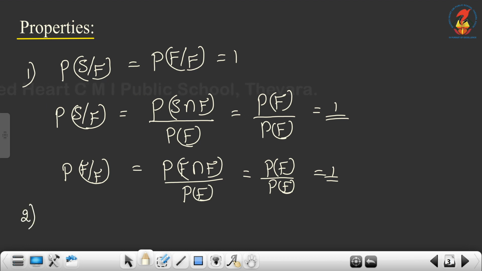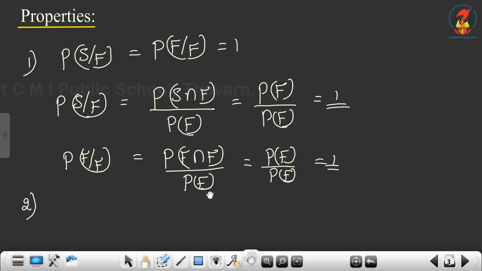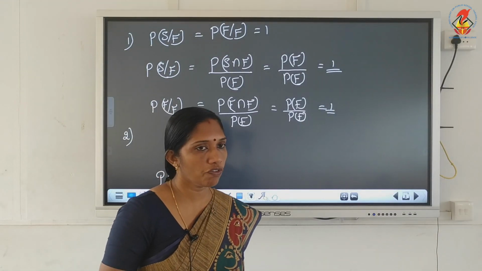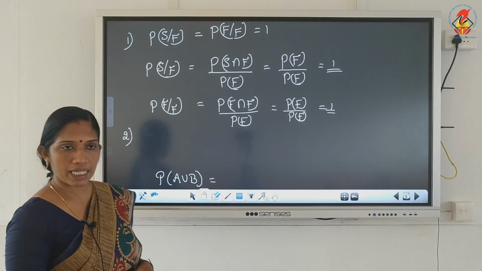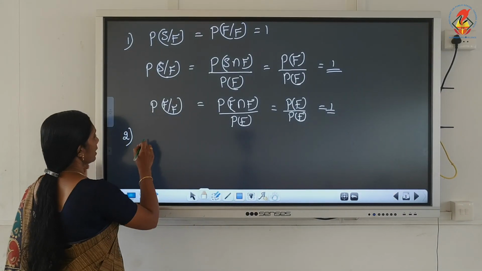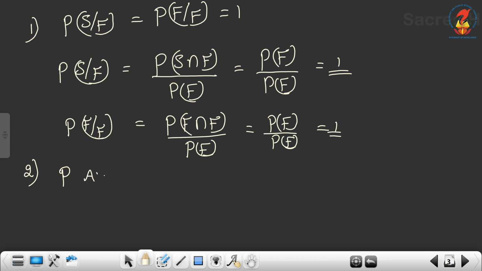Now, the second property related to union. And last year we studied, do you remember, what is P of A union B? P of A union B is equal to P of A plus P of B minus P of A intersection B. So, in the same way, here the property is P of A union B given F.